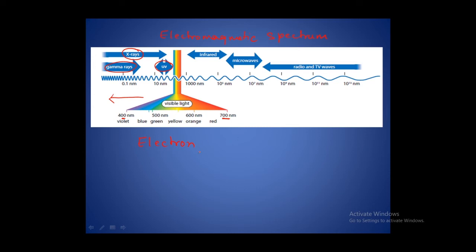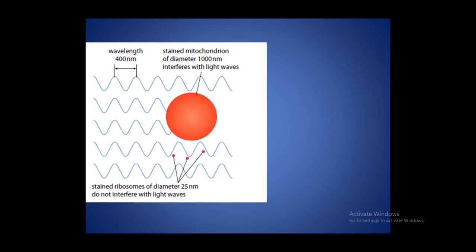Now if I go to the next slide, I just want to show you here, this is a picture which I got from the Mary Jones biology course book. From there, if you see, this is the radiation as I was talking about, and this has a wavelength of 400 nanometer.